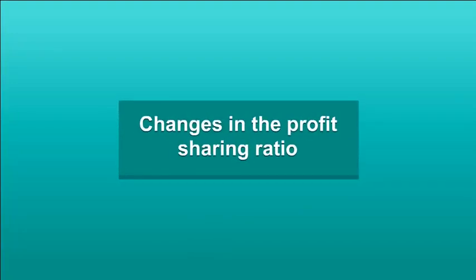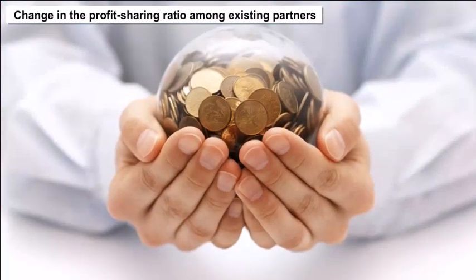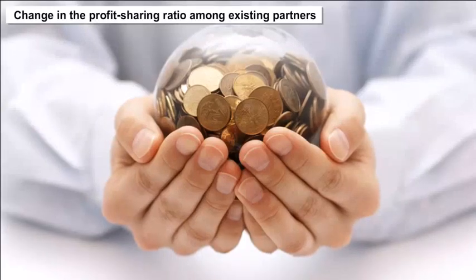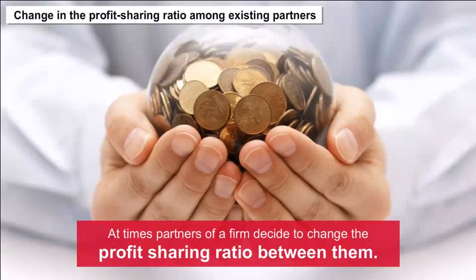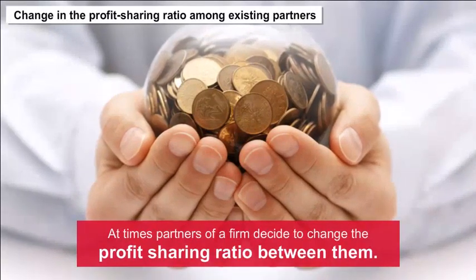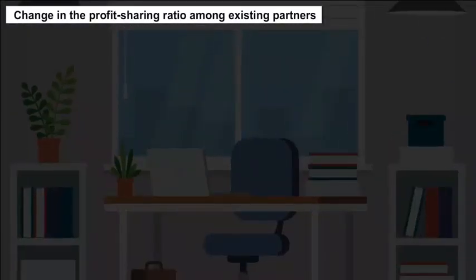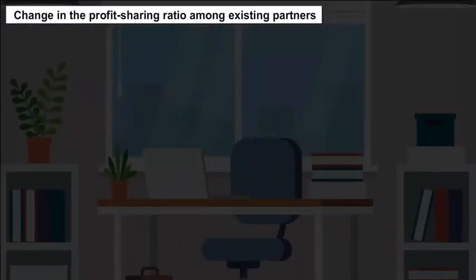Changes in the profit sharing ratio. Change in the profit sharing ratio among existing partners. At times, partners of a firm decide to change the profit sharing ratio between them. Let us understand with this example.